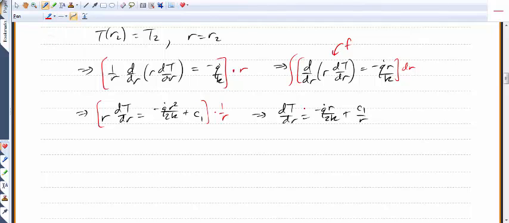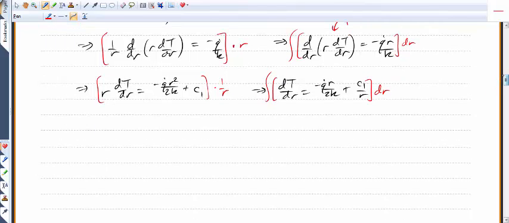Now we can integrate it, which allows us to get our general solution. T is a function of r. It's minus q dot r squared over 4k plus c1 times the natural log of r plus c2.